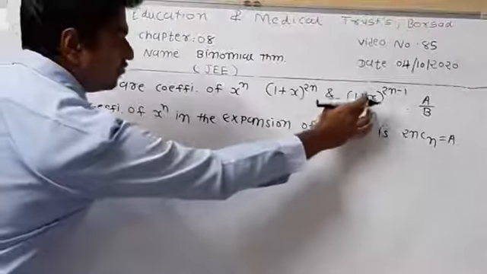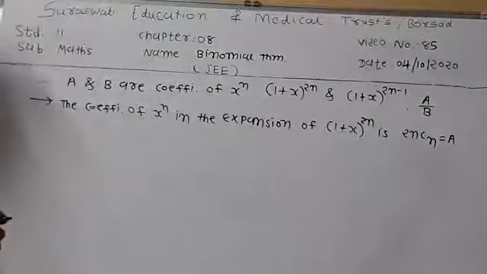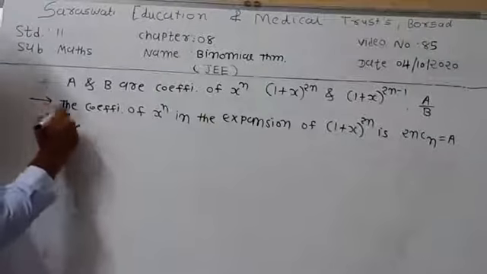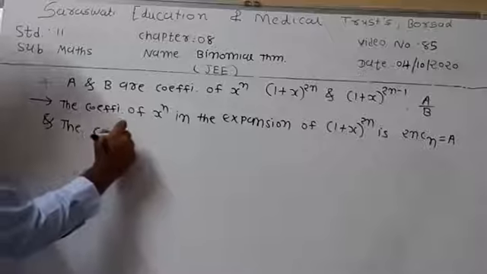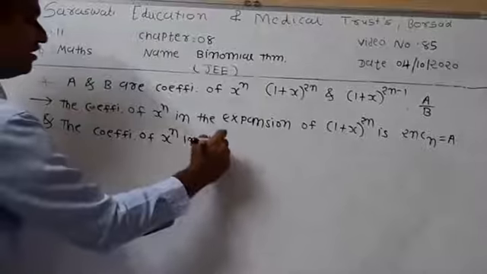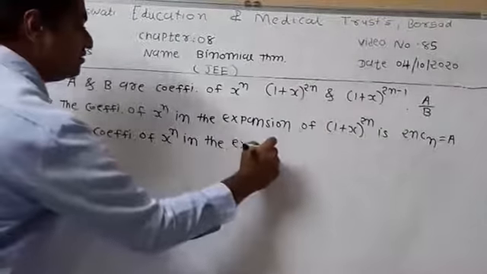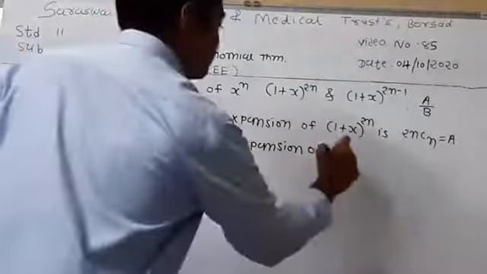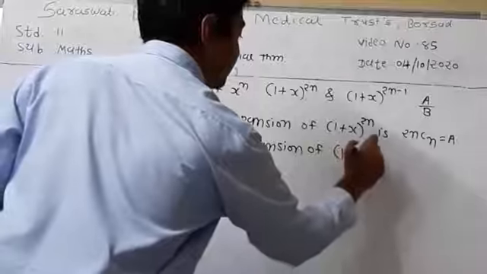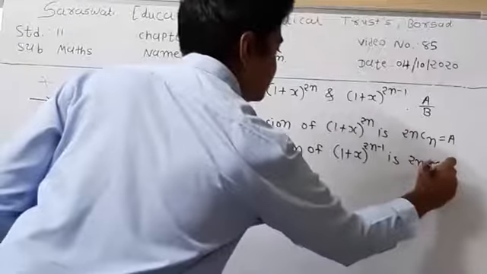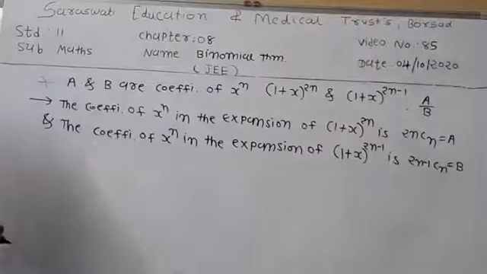This coefficient we say is A. Same way, the coefficient of x raised to n in the expansion of (1 plus x) raised to 2n minus 1 is (2n minus 1) Cn, and it is called B.